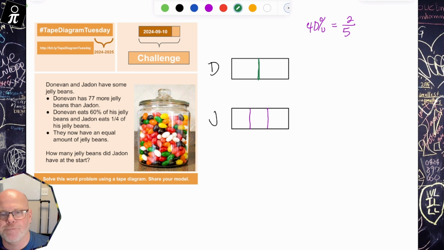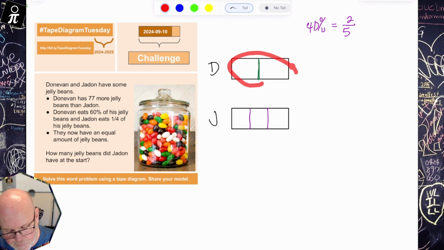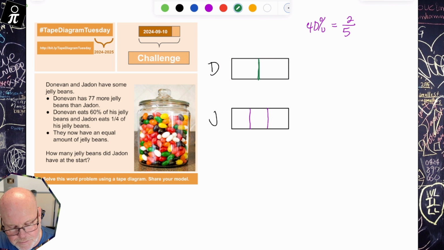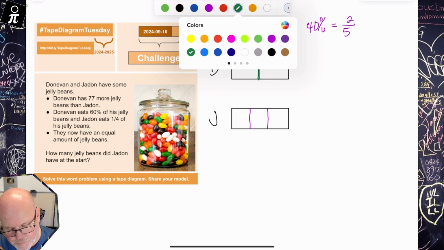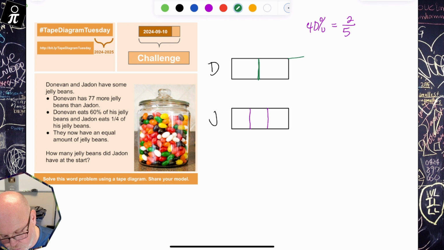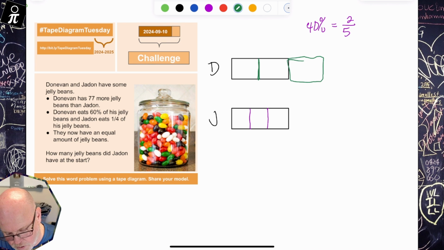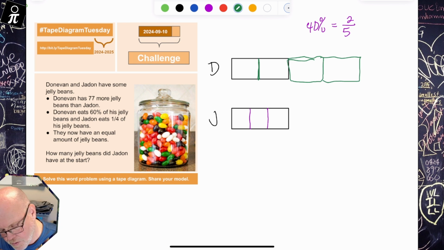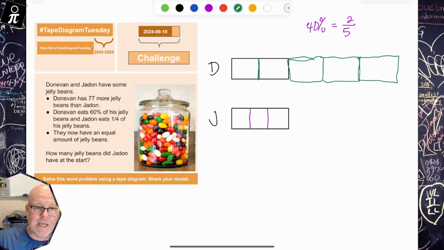Now let's fill in the rest of this picture. If this is for Donovan 40%, that means I need another 3 of these pieces, 1, 2, 3, to fill in his remaining 60% that he had eaten.